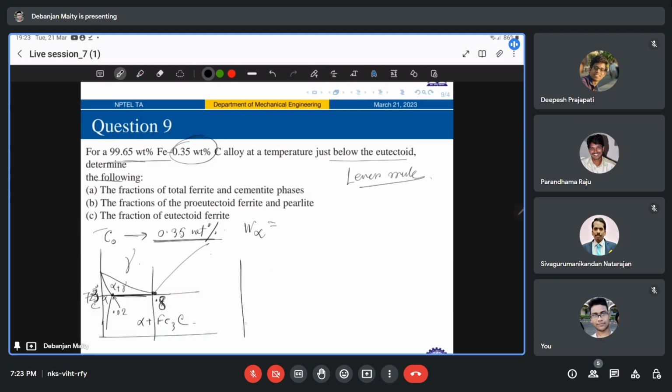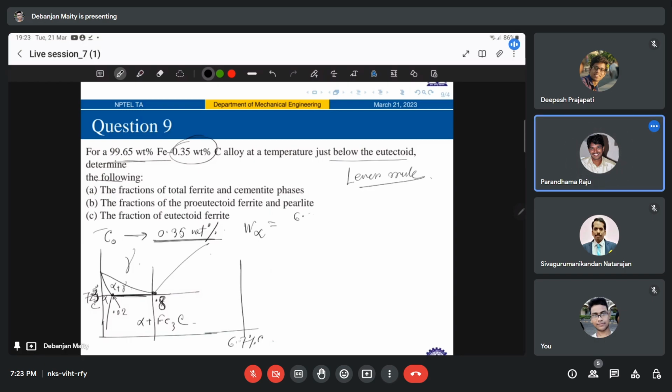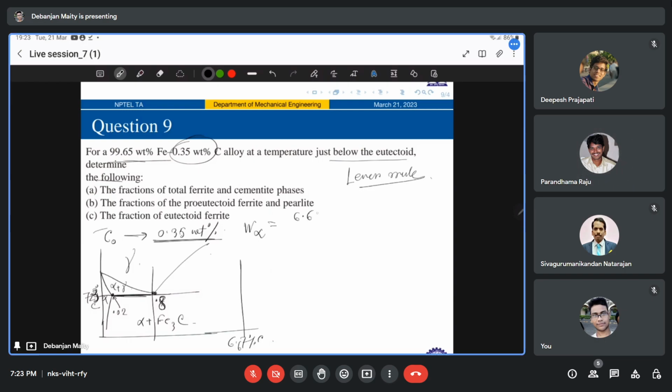So we'll take the final 6.67 percent of carbon, right? So 6.67 minus 0.35, divided by 6.67 minus 0.02.